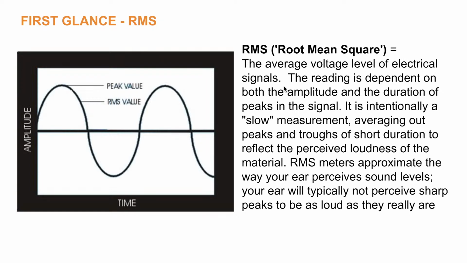So a peak measurement of a waveform is like a photo of it. And an RMS measurement of a waveform is like a very short video, so I can see how it's developing over time.